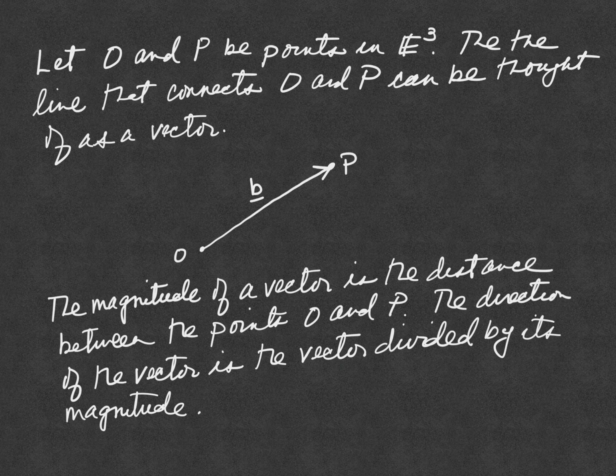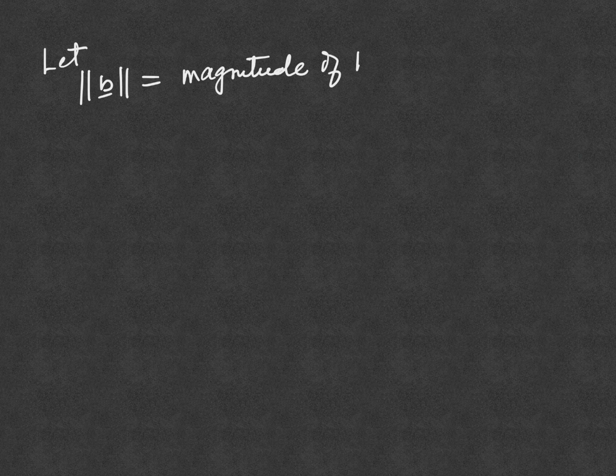So again, if I consider the vector to be B, then I can define the magnitude of the vector, and then I can define the direction of the vector. So let's do that. This symbol, which has double vertical bars around B, is going to be defined as the magnitude of B. And then the direction of B, which I'm going to call u sub B, is going to be equal to the vector divided by its magnitude.